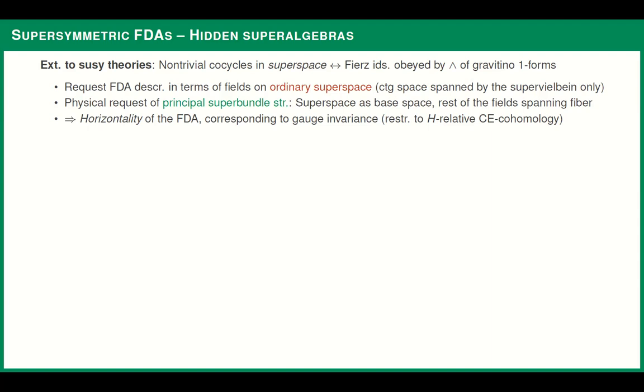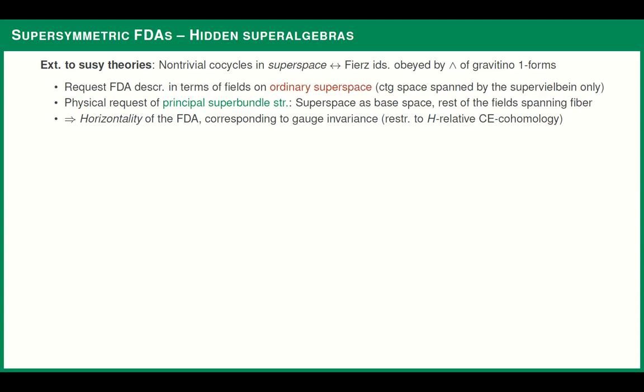Of course, our requirement in superspace is that the free differential algebra, once we add the p-form gauge potentials, is still described in terms of fields on ordinary superspace, whose potential space is just defined by the superfields, in such a way as not to have extra directions, and with the same physical content as in ordinary superspace.